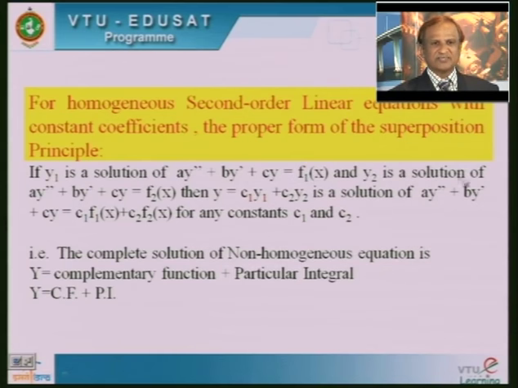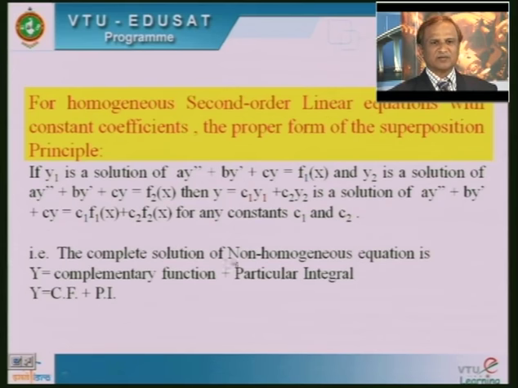And y2 is a solution of a y double prime plus b y single prime plus c y equal to f2 of x. It is also a non-homogeneous equation. Then y equal to c1 y1 plus c2 y2 is a solution of a y double prime plus b y single prime plus c y equal to c1 f1 of x plus c2 f2 of x for any constants c1 and c2.